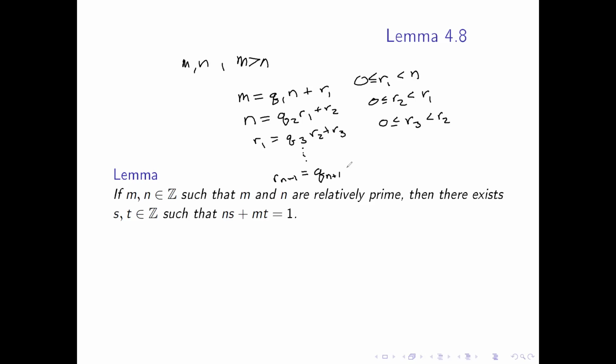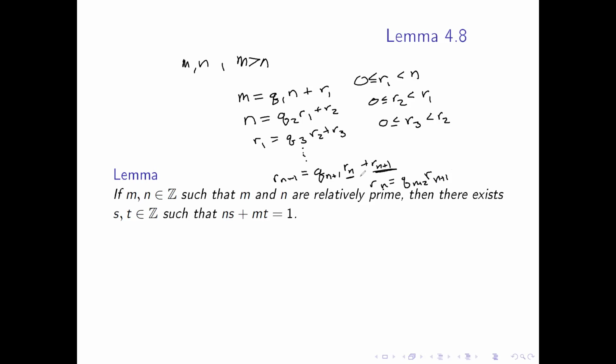It's always 2 bigger, times Rn plus Rn plus 1. And then the final line would be Rn is equal to Qn plus 2 times Rn plus 1. Meaning this goes into that Rn right there.